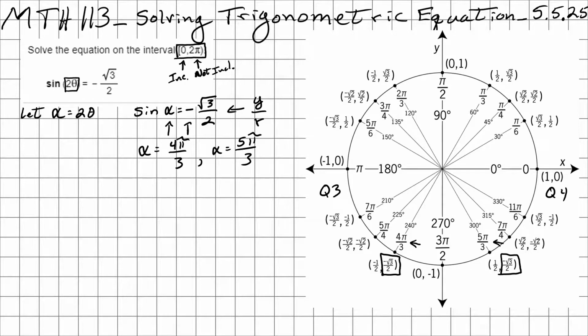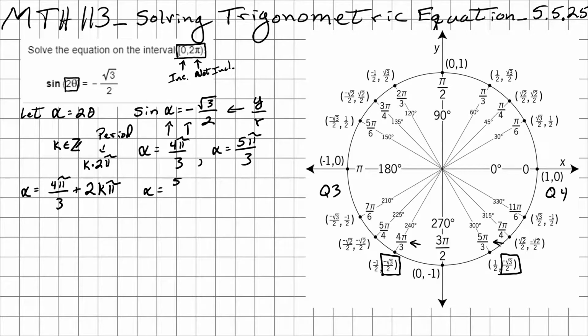Now we want to understand that since this is a double angle of 2 theta, we also want to say that alpha is going to be equal to 4 pi over 3 plus 2 times some k pi. Another way of writing that would be k times 2 pi, where 2 pi is the period and k is some integer.